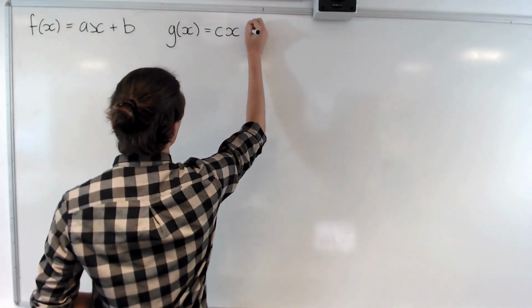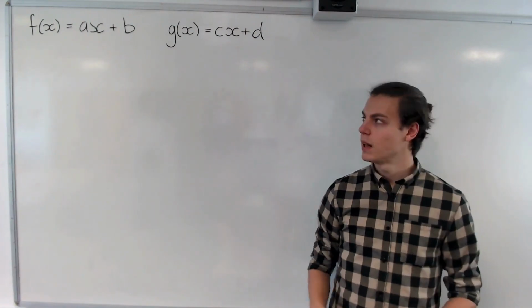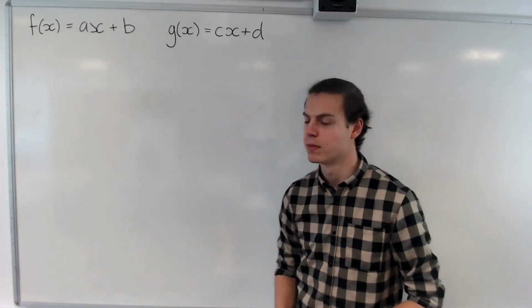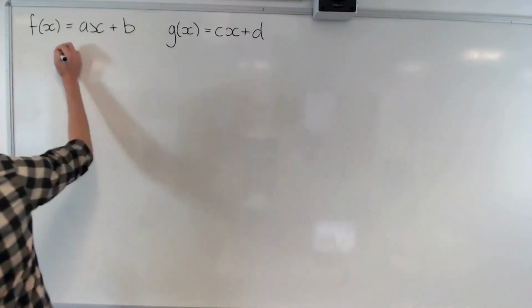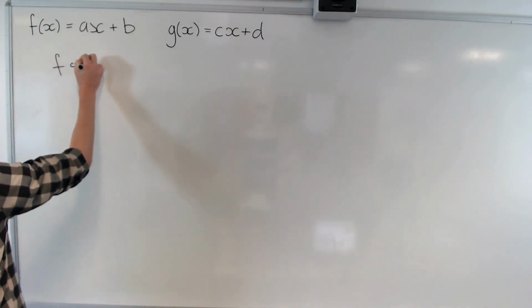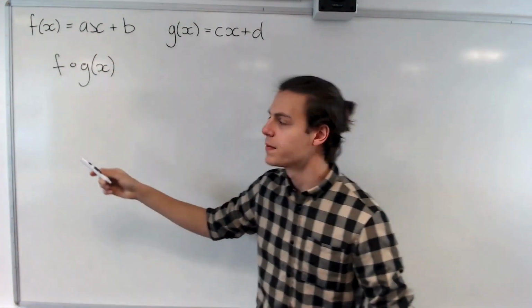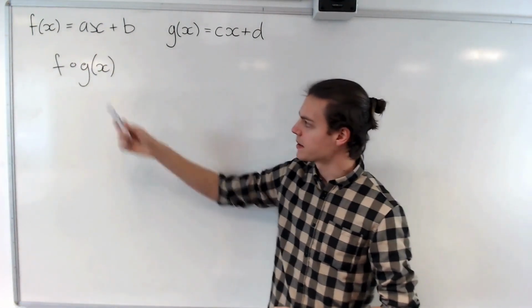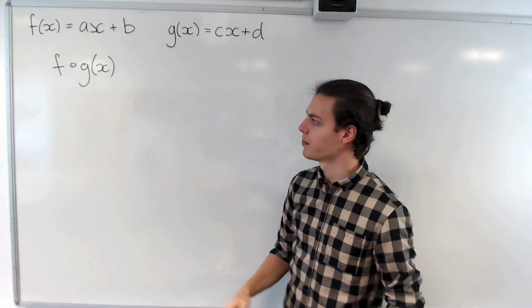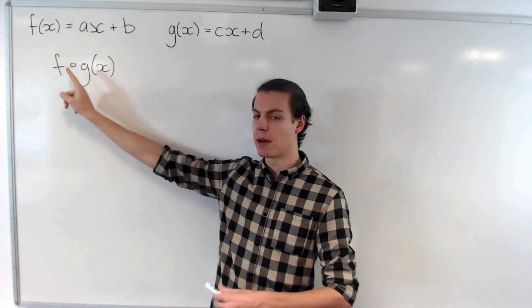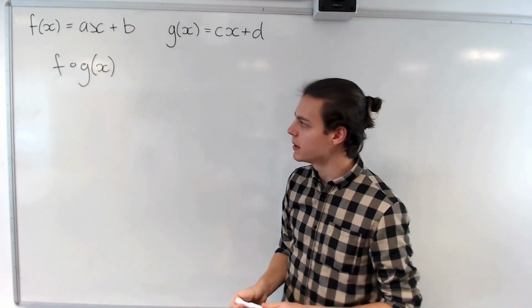Let's find the composition of these two functions, f and g, right? f composed with g of x is what? Well, we first apply g to x and then apply f to the result, right?